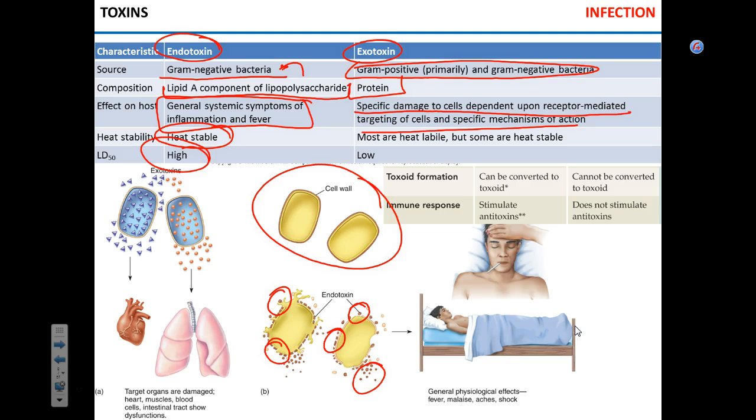Now, on the other hand, exotoxins have a very low median lethal dose, and a great example of this is botulism toxin, which is sometimes considered to be the most toxic natural compound ever known. You may have heard this story. It happened in California several months ago, maybe a couple of months ago.